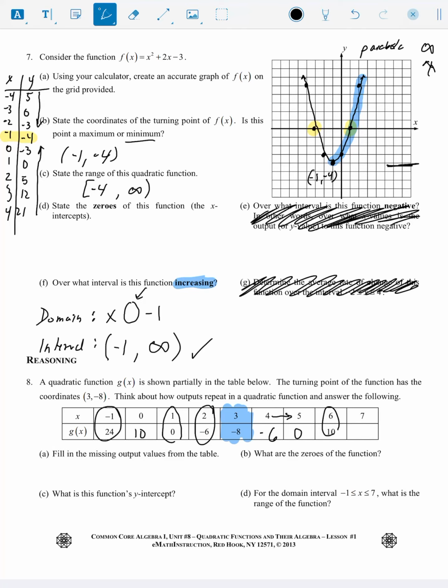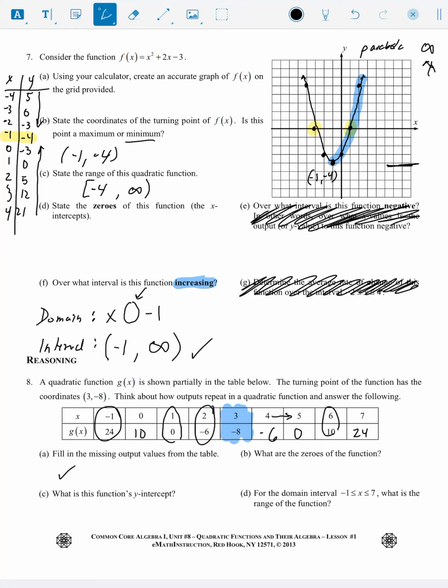Lastly, given the output of 24 at the x value of -1, I increase one more x value here to give me an output of 24. Notice your outputs are all symmetric. And that answer is part A for us.